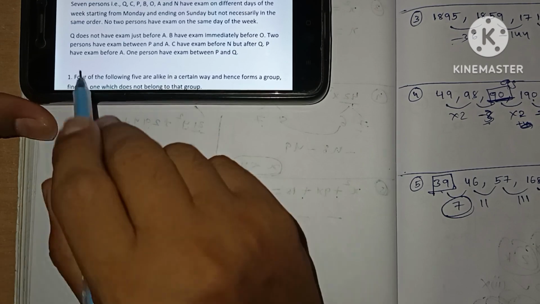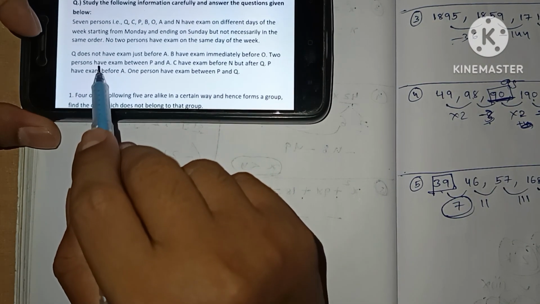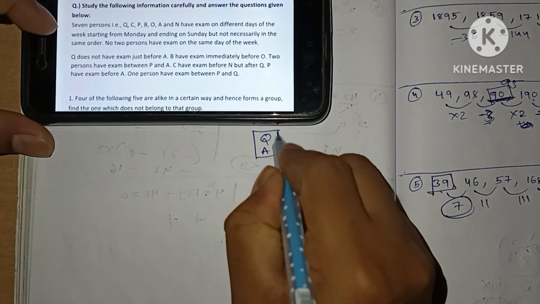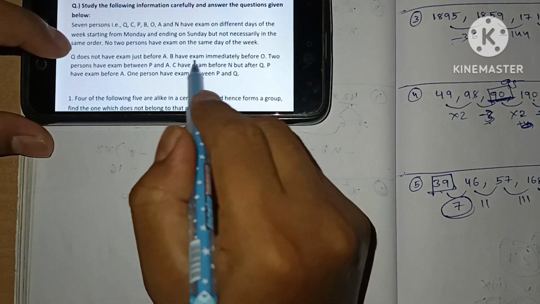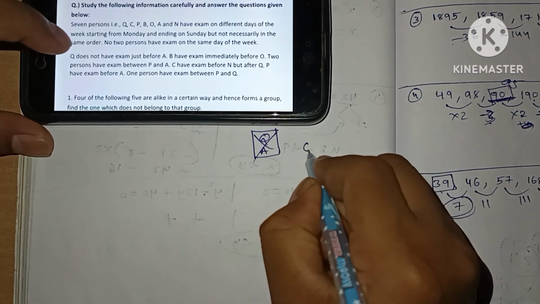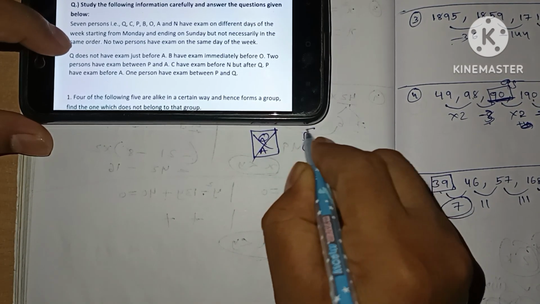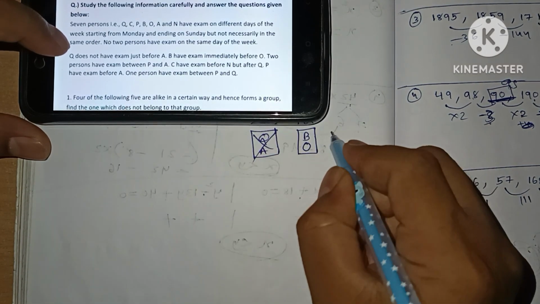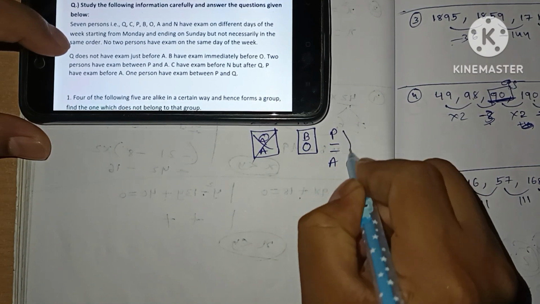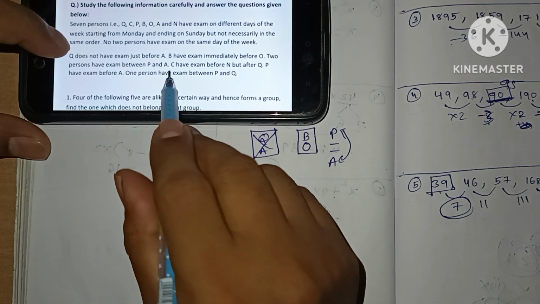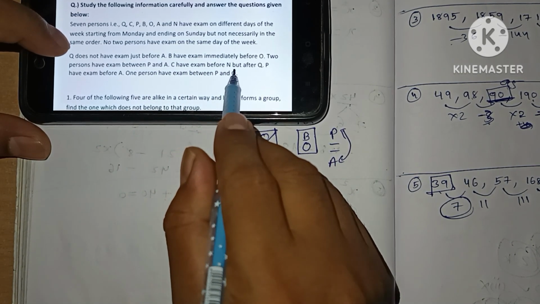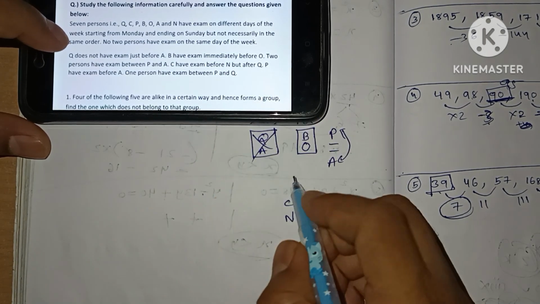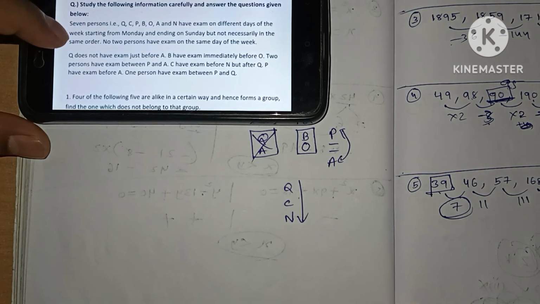Let's note the statements. Q does not have exam just before A. B has exam immediately before O. Two persons have exam between P and A. Next one, C has exam before N, but after Q, which means the flow is like this.